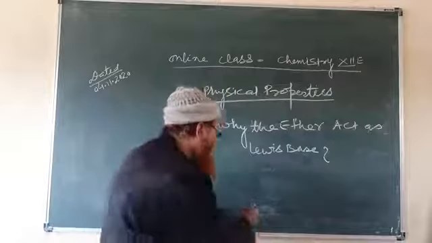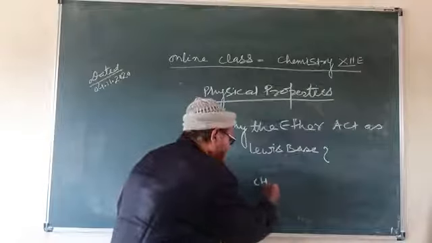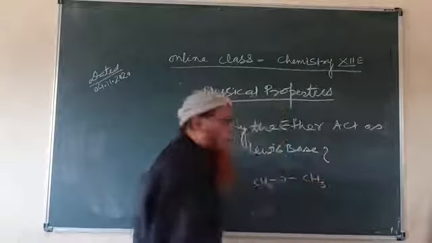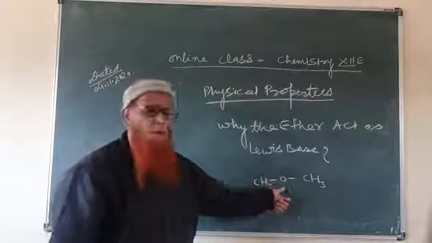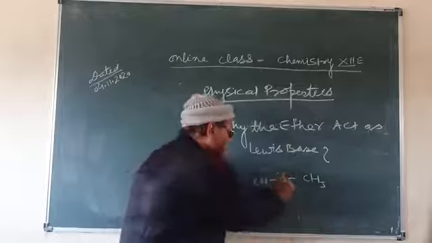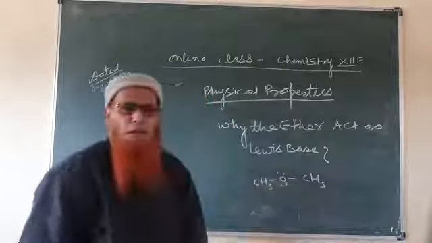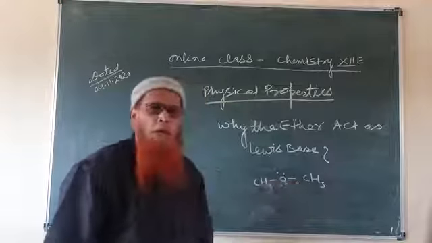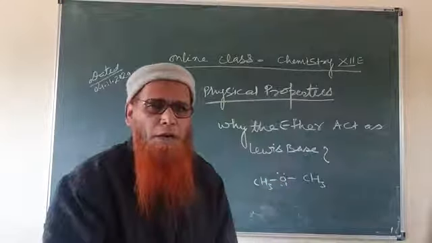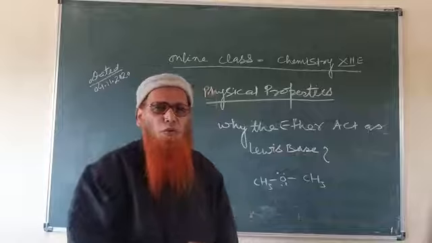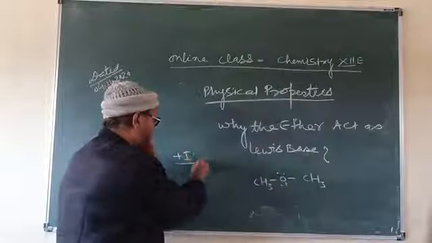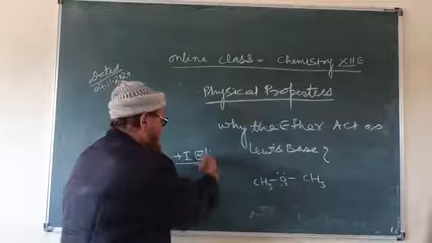Here if we see the structure of ether, on oxygen there are unshared electrons, 4 unshared electrons, and also there are alkyl groups, and these alkyl groups are plus I effect groups.